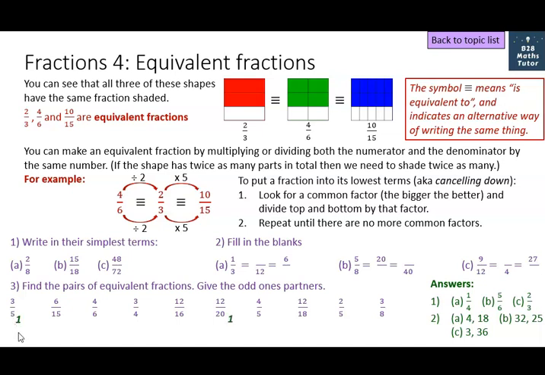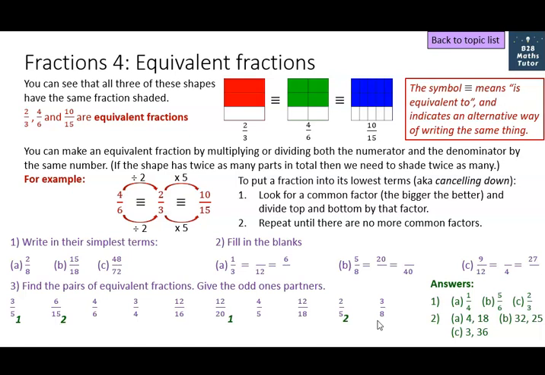So we can match those two up. 4/5 is already in its lowest terms. 12/18, we can divide top and bottom by 6, giving us 2/3. Now that one was also 2/3, wasn't it? 2/5 is already in its lowest terms, and we already know that this one is 2/5, so we can match those up.